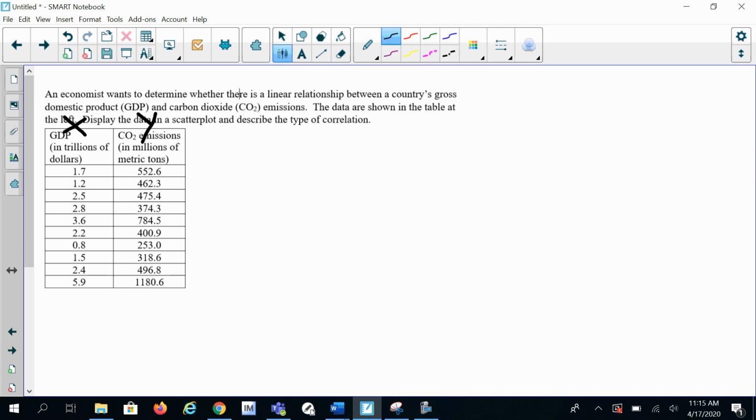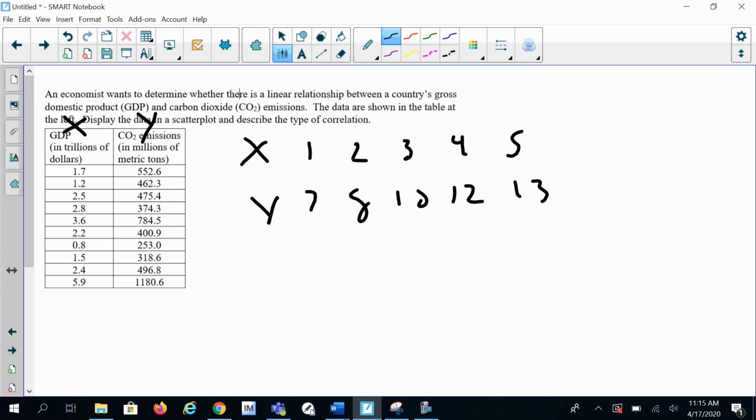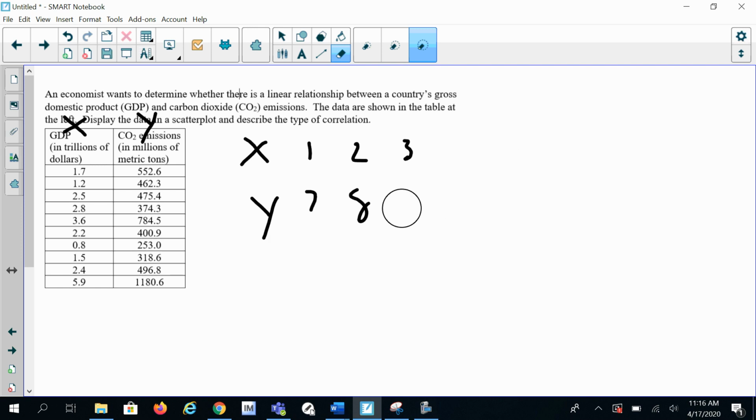If you have a horizontal table with numbers like this, the top variable is always going to be X, and the bottom variable is always going to be your Y. That will never change. Nothing you need to worry about there. No tricks. So we know which is X and which is Y now.